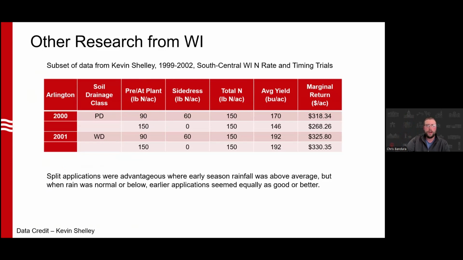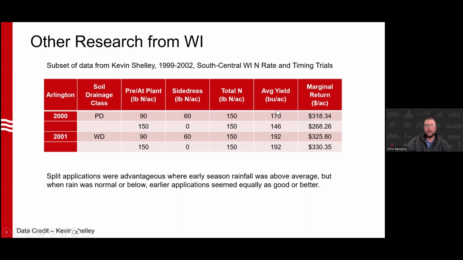So on Kevin's trial here, in 1 year at Arlington, they were on a poorly drained soil. The next year, a well-drained soil. The treatments, they had a split application, a little more than half at planting, the rest at side dress, versus all the N at planting. Let's look over to yield.